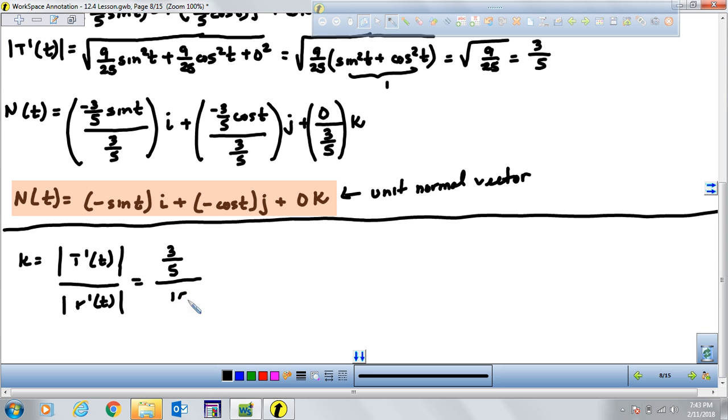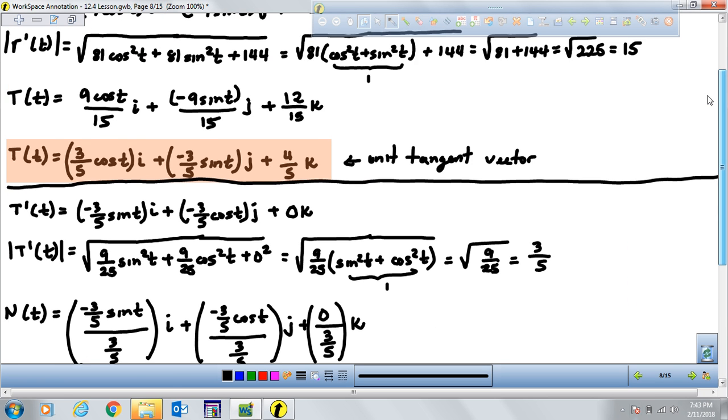So we're going to have 3/5 times 1/15. And we can reduce 3 and 5. That's going to be 1/5, so that would be 1 over 25.